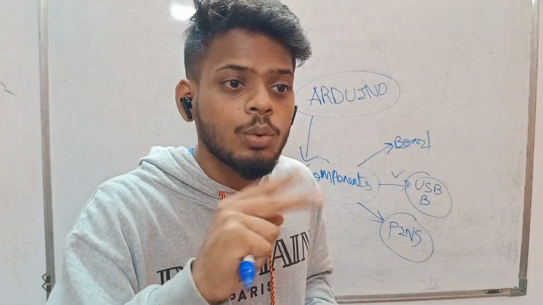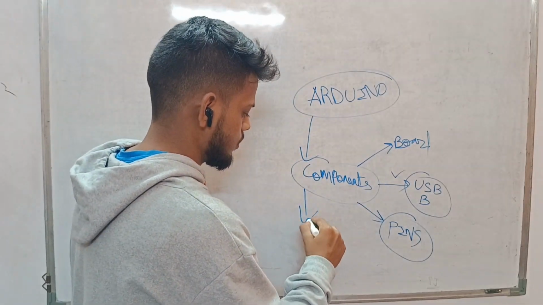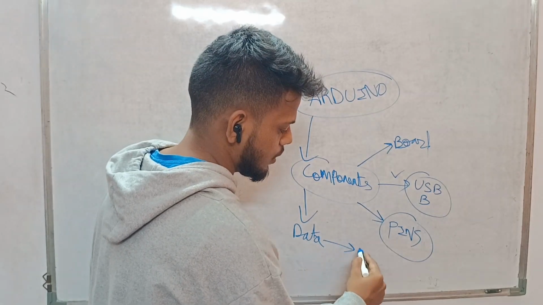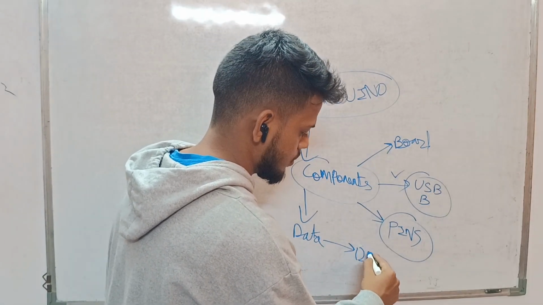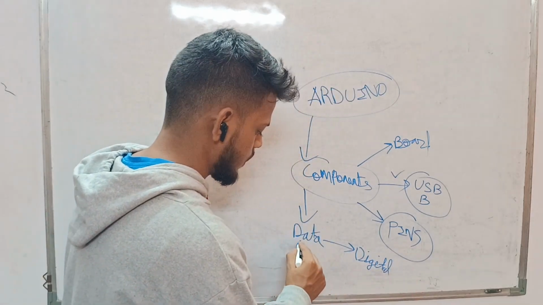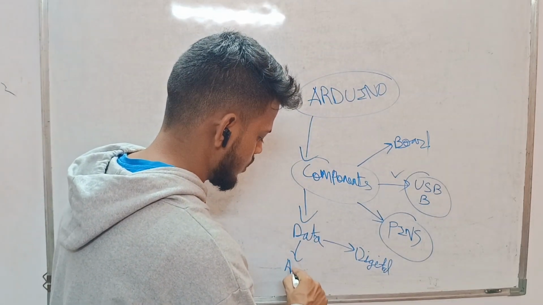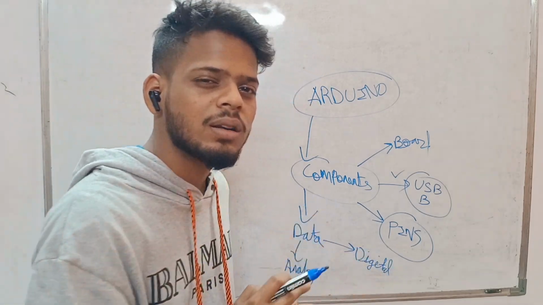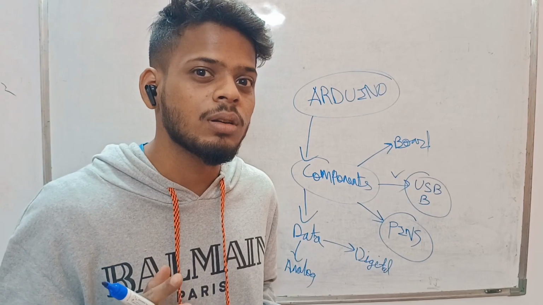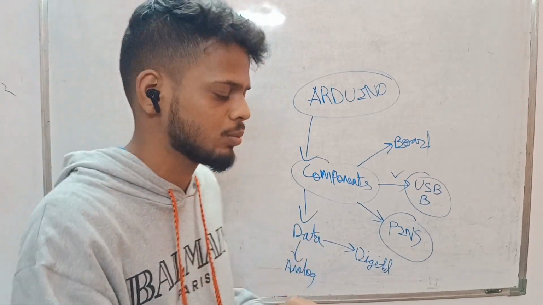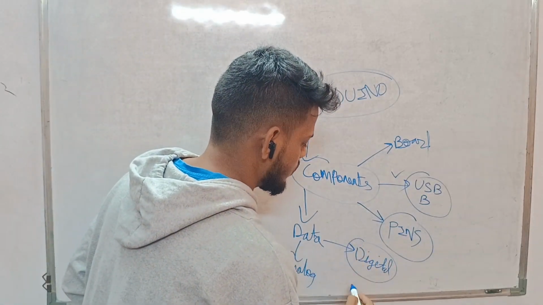Data or signals are of two types. One is digital. Second is analog. Actually, this part isn't that important for now. But I think you should know digital.